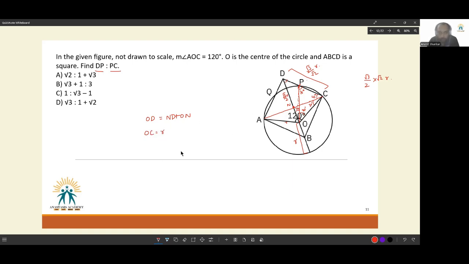ND I already know to be root 3 by 2R, and ON I know to be half R. We had figured out if this was R opposite to 90, if I have R opposite to 30, I will have half R. So root 3 by 2R plus R, this is OD, by OC will be equal to R and R, and this will also be equal to DP by PC. Wonderful. So I have to get rid of R's. I'll have root 3 by 2 plus 1. This is the ratio that I'm getting. Okay.